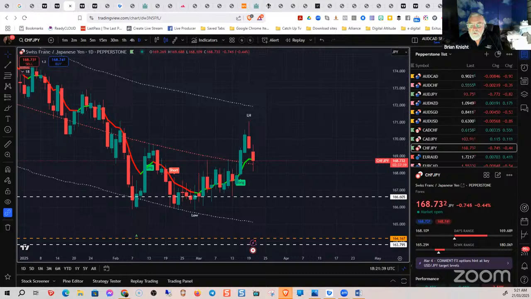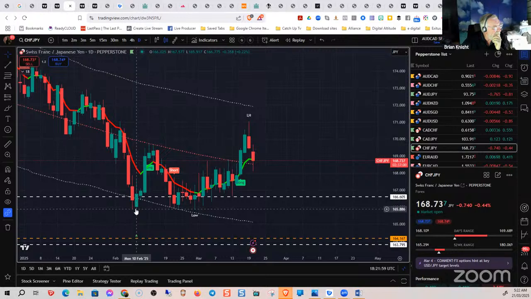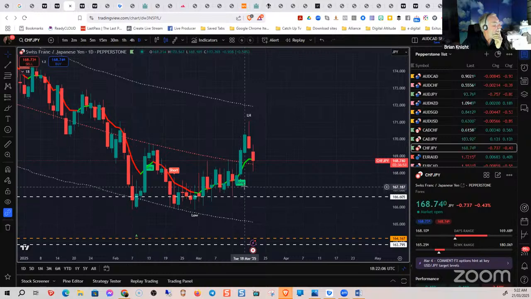Stop loss 165794. Oh yeah, no, it's actually back down at where I entered. I haven't actually moved it. That's a bit silly, isn't it? Let me move it to at least there. 16722.